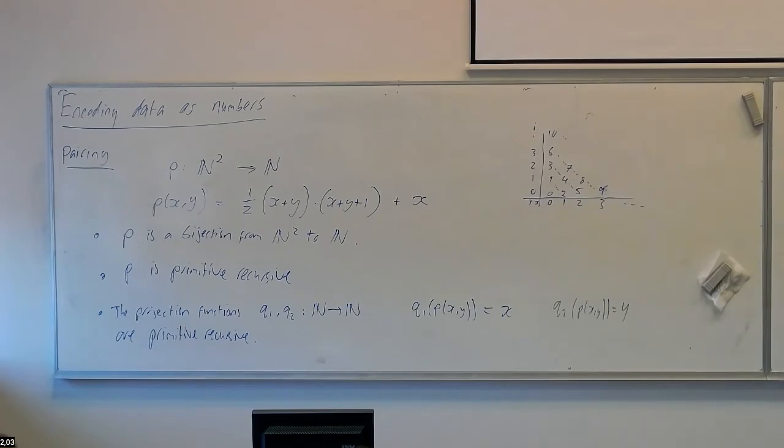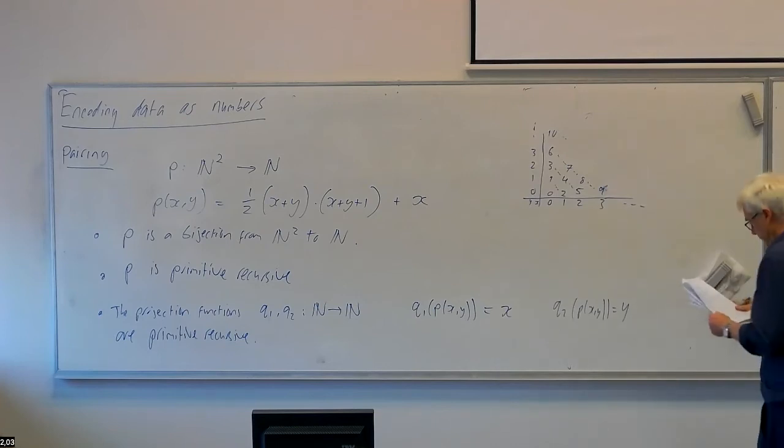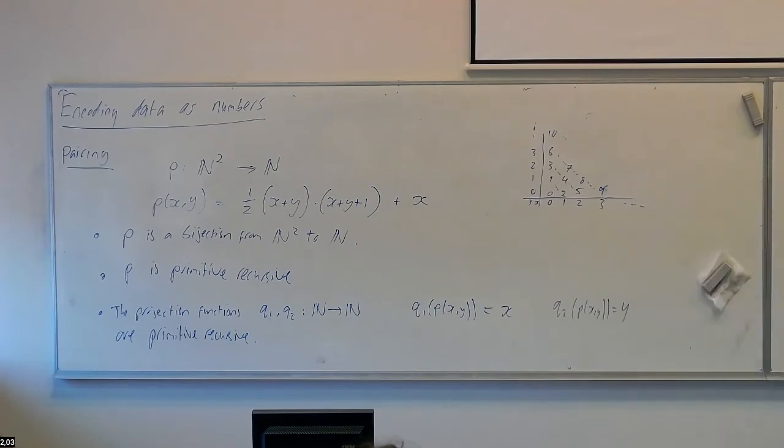Okay, so that's pairs. We're also going to encode finite sequences of numbers. So to give you an example here, my encoding of, I'm going to use an encoding function that I'm going to use these angled corner brackets for.